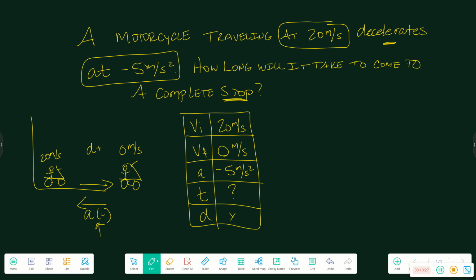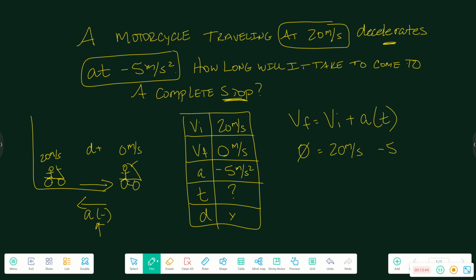Again, you don't have distance, so you're going to use the same equation. It's VF equals VI plus A times T. Your VF is 0. Your VI is 20 meters per second.